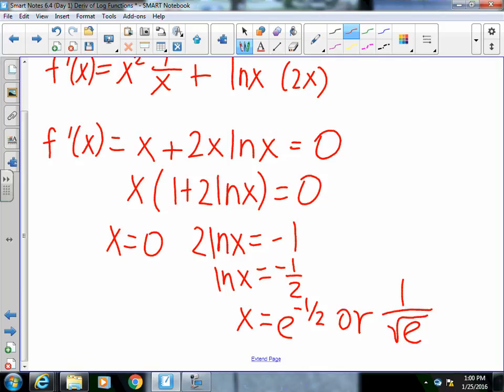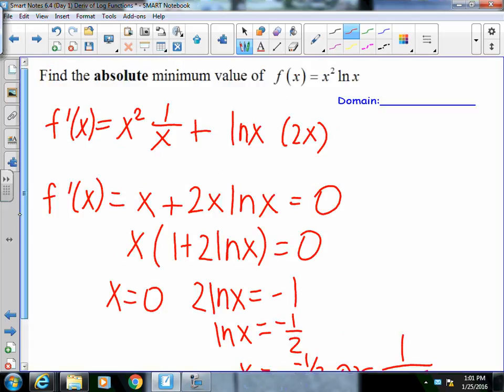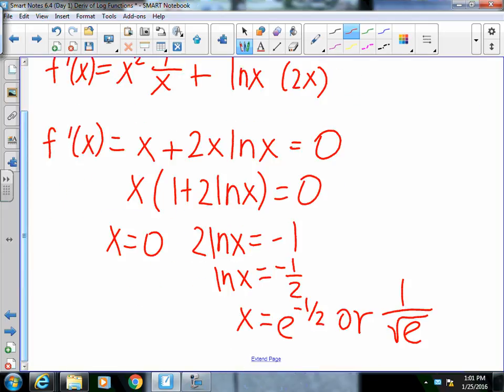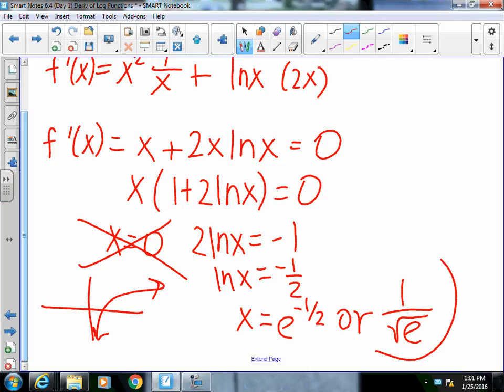We need to figure out which one is our minimum. We may not have to do much because x equals 0 is an extraneous root. x in ln of x has to be greater than 0, if you remember that their graphs look like this. They never cross the y-axis. So, our answer is 1 over radical e.